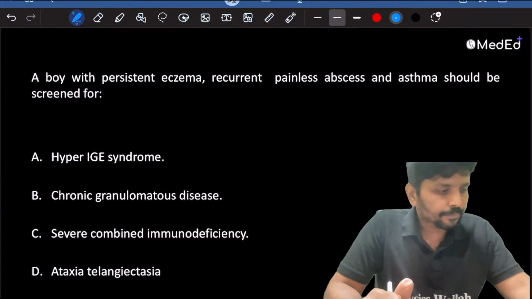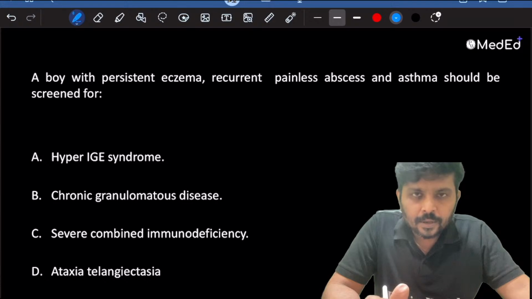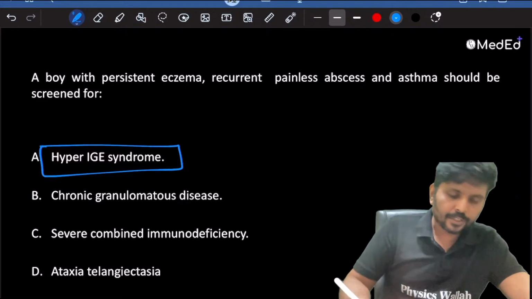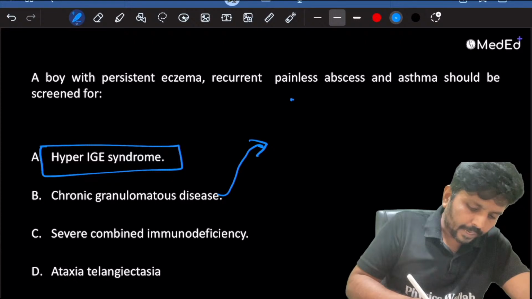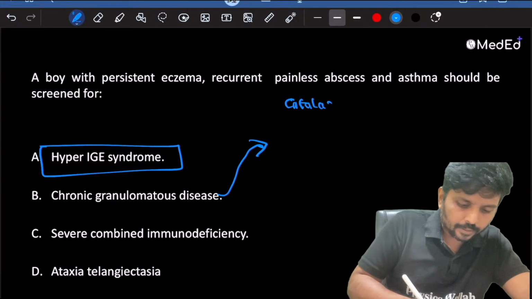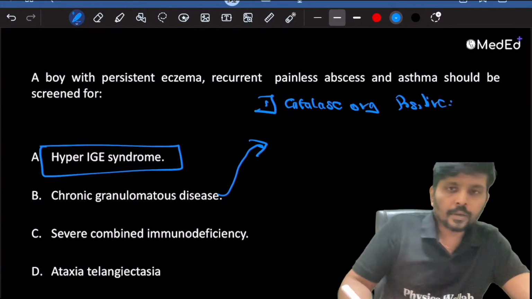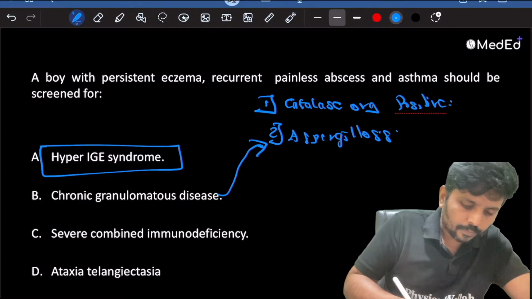Next question. A boy with persistent eczema, recurrent painless abscess and asthma should be screened for, it was already told to you, hyper IgE syndrome. Chronic granulomatous disease is characterized by catalase positive organisms, and by invasive aspergillosis.